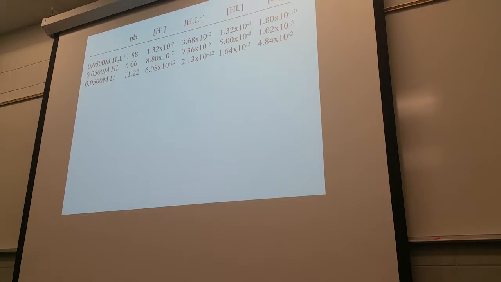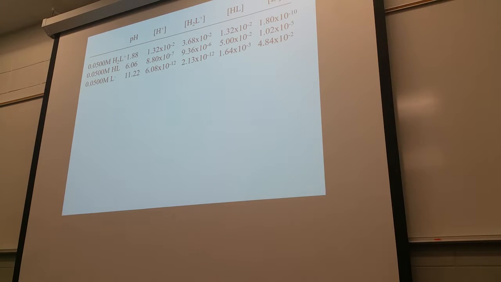So we've been looking at systems where we have multiple forms of acids and bases, and figuring out, if you made a solution of this, what would its pH be, what would all the components be, and that kind of thing. And so we've shown you how to calculate all these things for the completely protonated form, the intermediate form, and the completely deprotonated form.